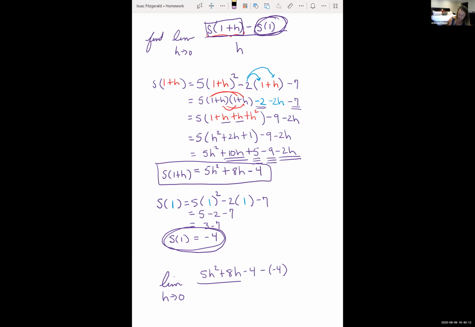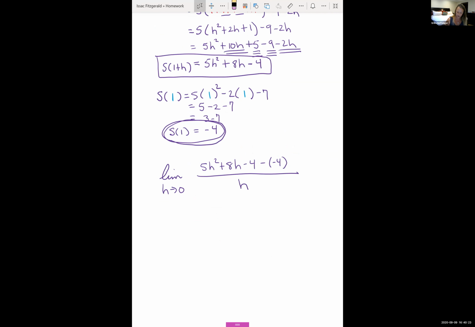And then it tells us to put this whole thing all over h in the denominator. Okay, recall if you have a minus and negative, that is the same thing as saying we're going to add.